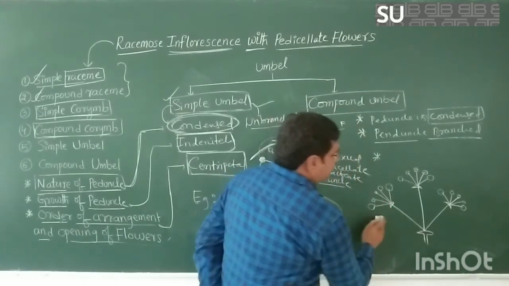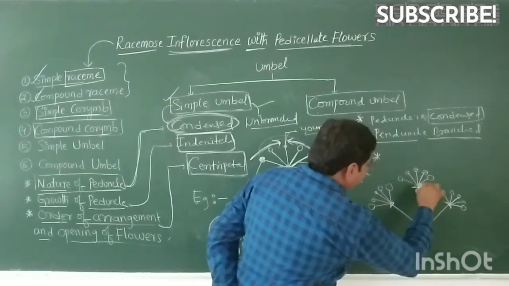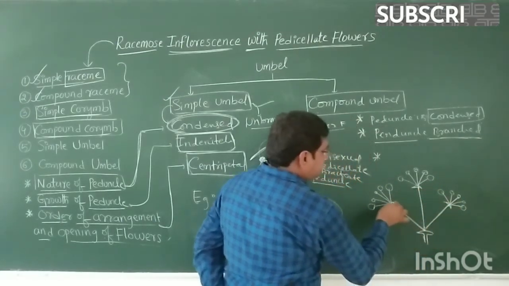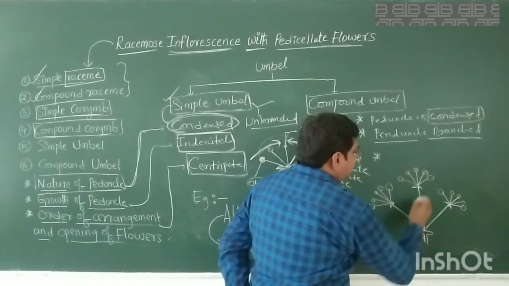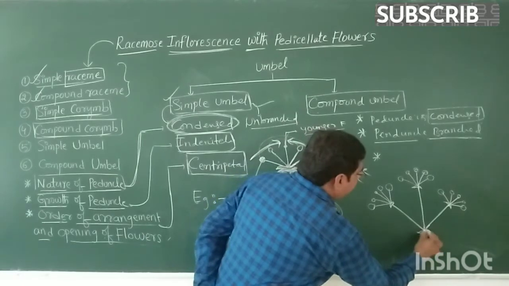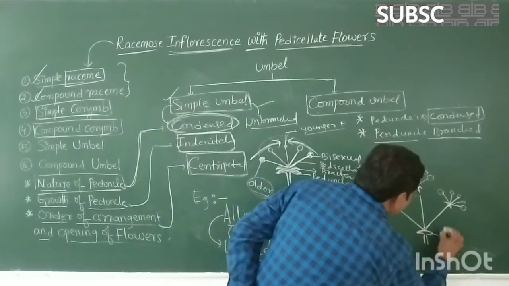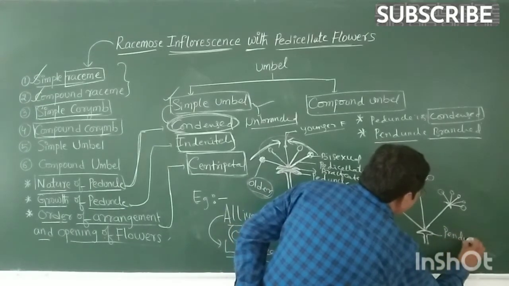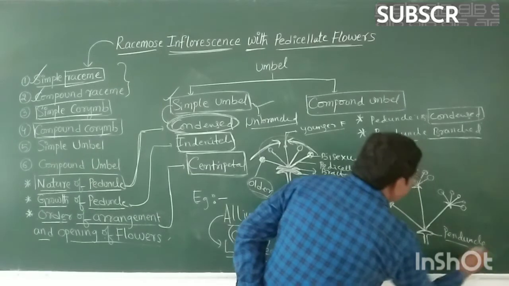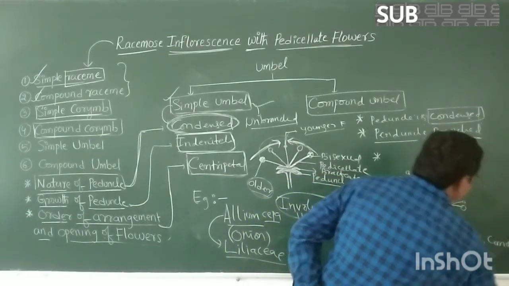So here the peduncle is branched. This is one simple umbel, this is one simple umbel, this is a simple umbel. Means there are branched peduncles. This is the condensed peduncle.